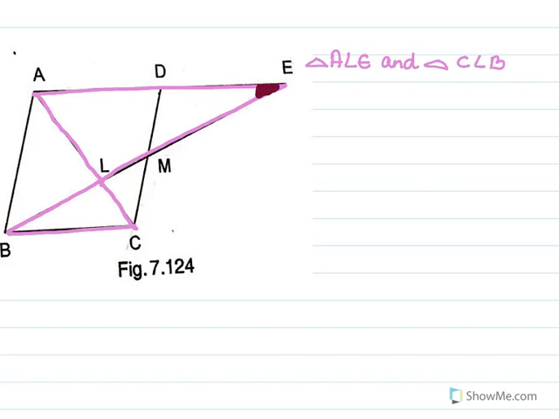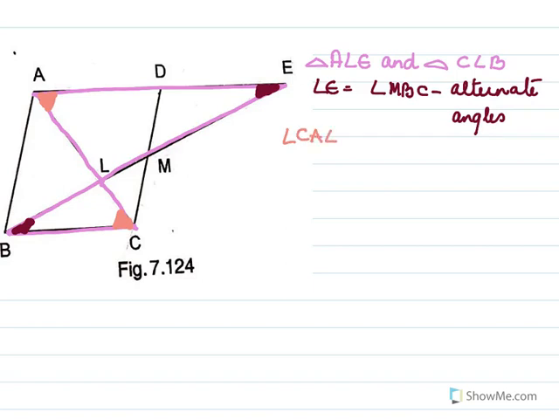We know angle E is equal to angle MBC, and the reason is alternate angles. Next, angle EAL equal to angle LCB, also by alternate angles.